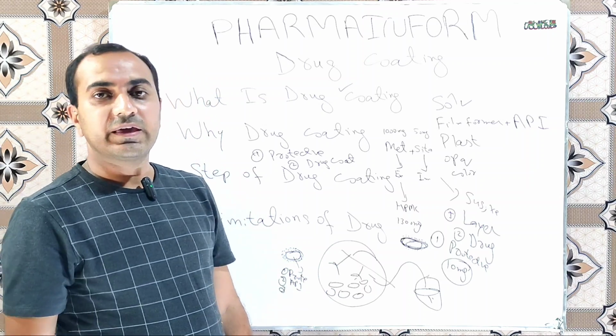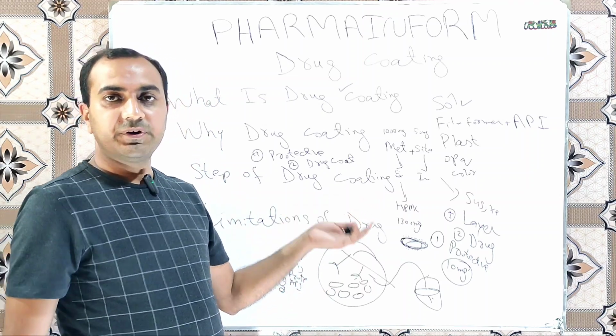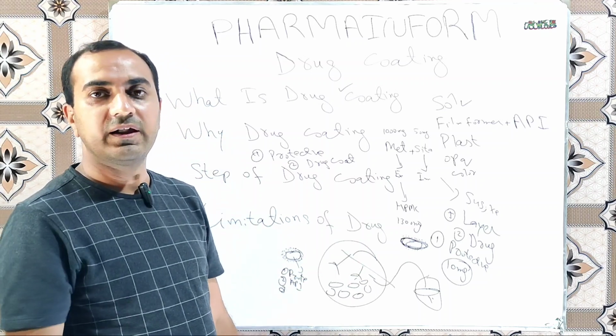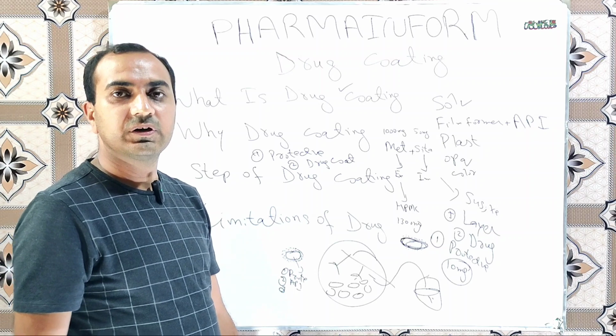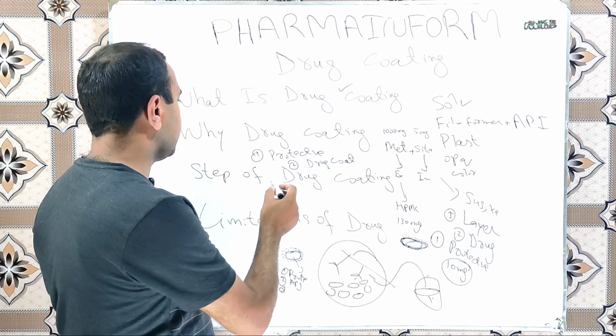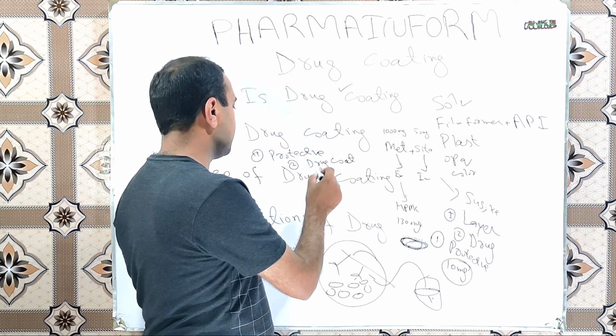The third step may be carried out for those APIs which have a bitter taste, like sitagliptin, which is very bitter in taste, so we have to add another coat over the API coat to mask its taste, and this is known as the taste masking coat.